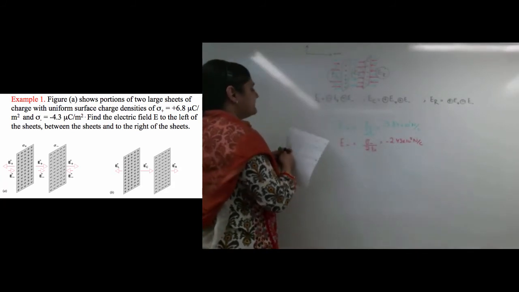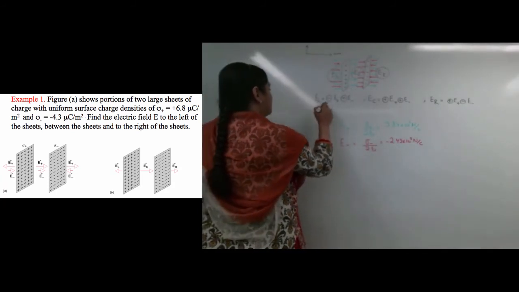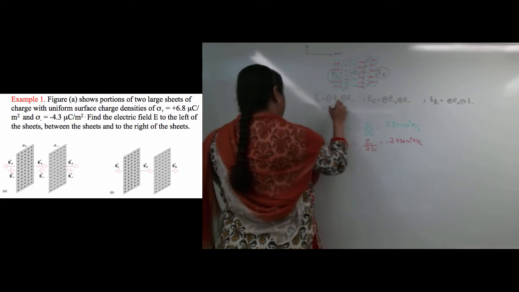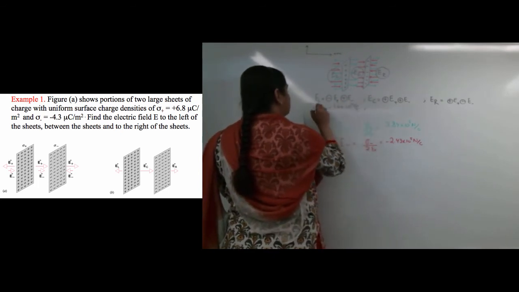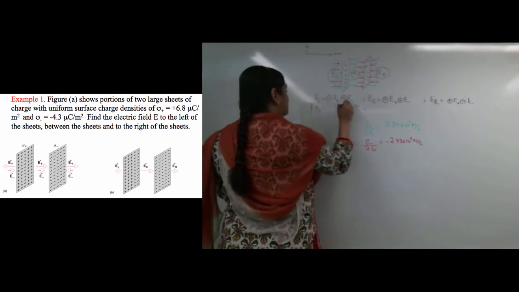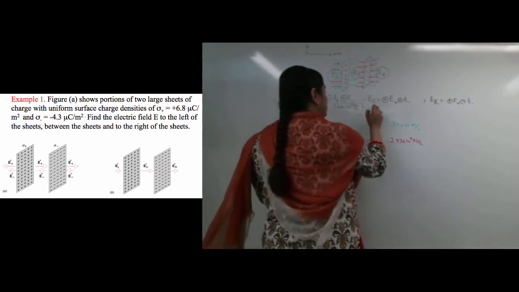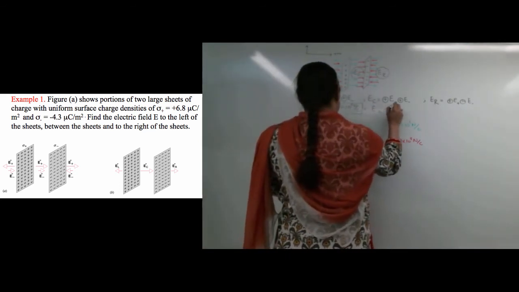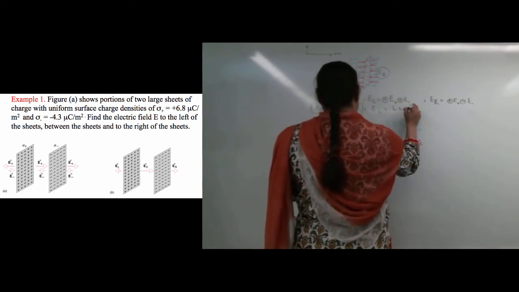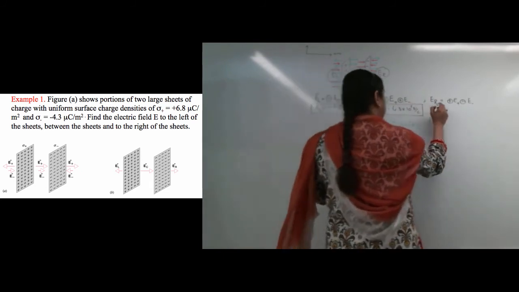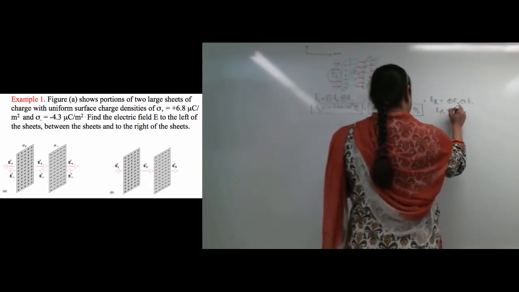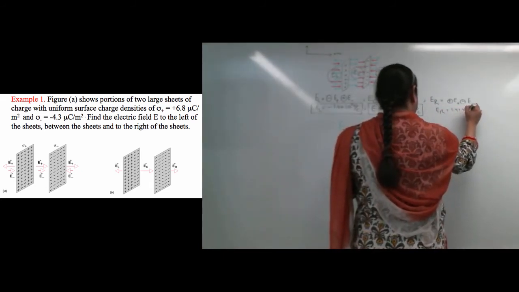And I believe my answers come out to be minus 1.4 times 10 to the 5 newtons per coulomb. But please make sure that you check that. E at the center will be 6.3 times 10 to the 5. And E to the right will be 1.41 times 10 to the 5.